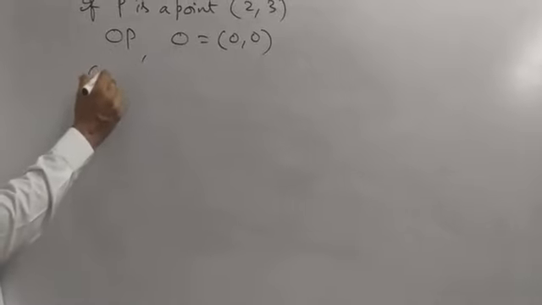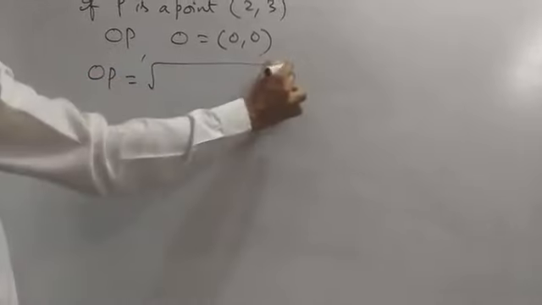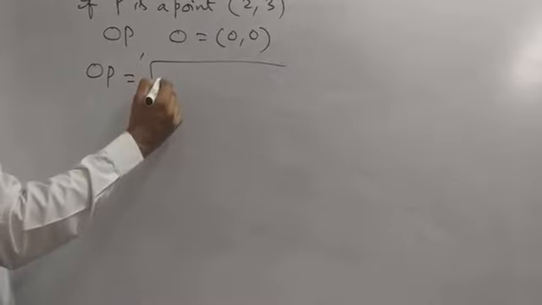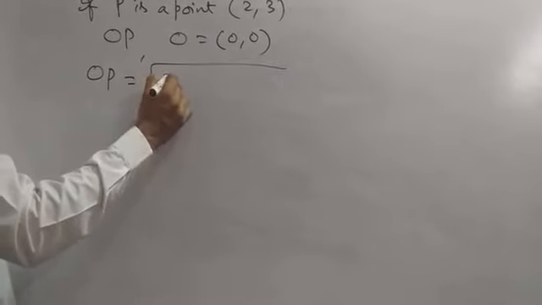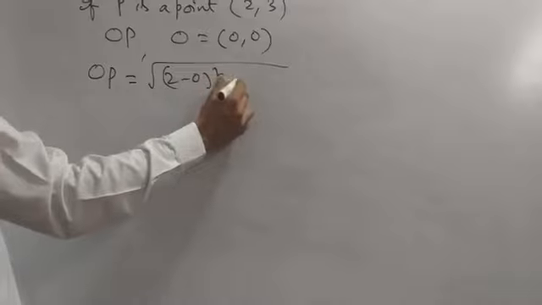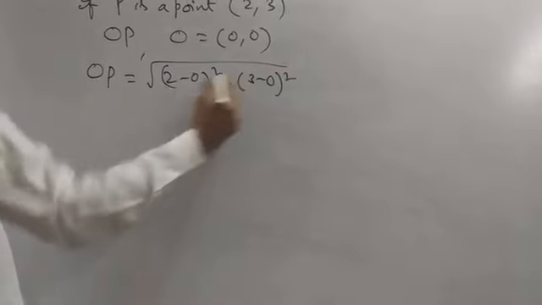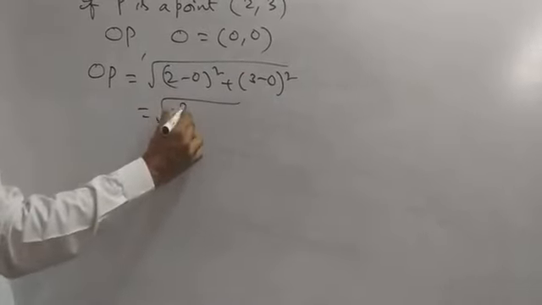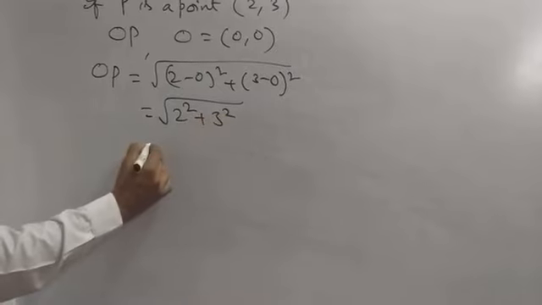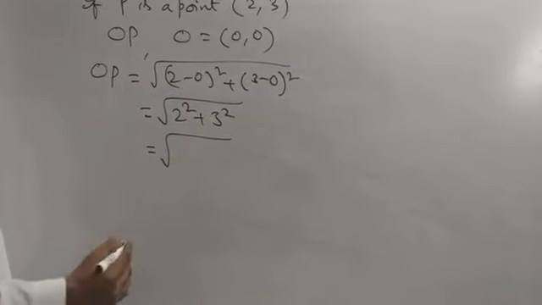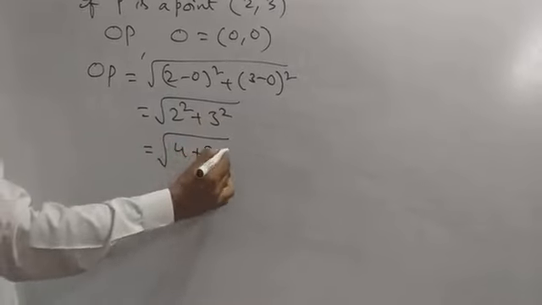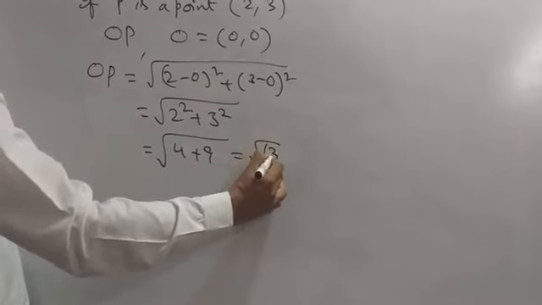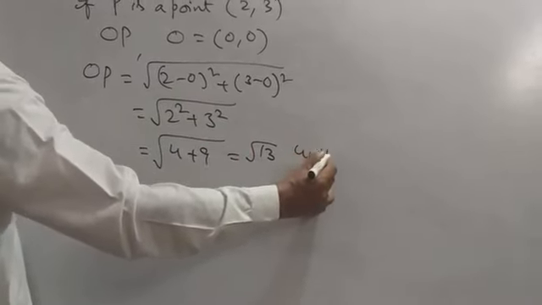So by using the same formula, OP is nothing but root over x2 minus x1 whole square, that means 2 minus 0 whole square plus 3 minus 0 whole square, that is nothing but 2 square plus 3 square under root, that is nothing but 4 plus 9 under root, that is nothing but root 13 units.